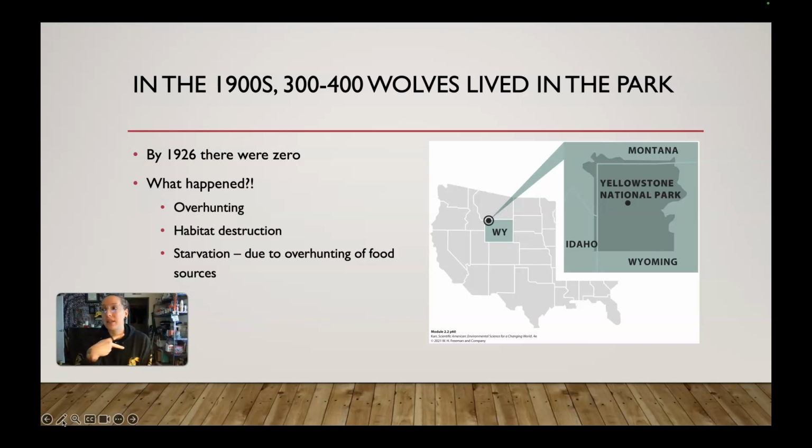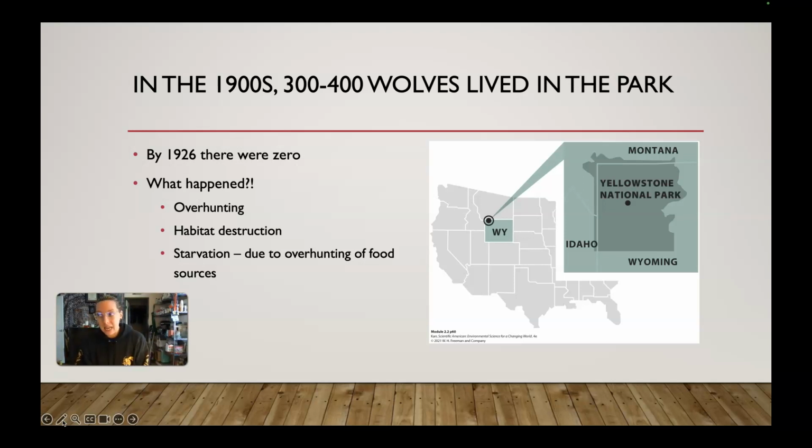We cut down trees in order to build farms. Makes sense, right? Humans are here now, and we need to make our own space. Lastly was starvation, due to the overhunting of the wolves' food sources. Humans need food too, right? So we hunted their elk, deer, and bison.